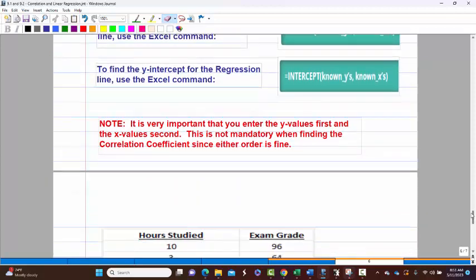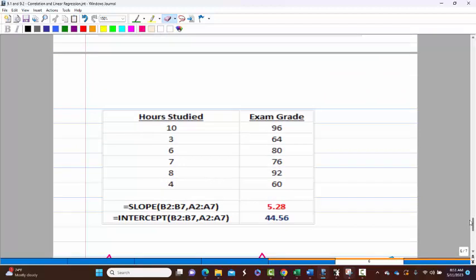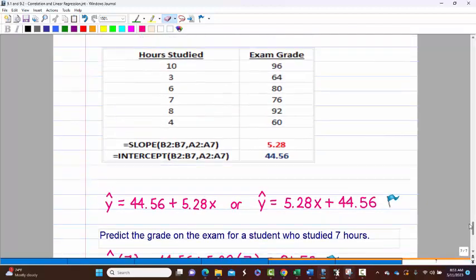Okay. For correlation coefficient, that does not matter. And we'll see this with other ones coming up here. So I won't retype this one right now since I'll be doing fresh ones shortly. But I put in slope, and then that starts 96 would be in B2, B2 to B7, comma A2 to A7. Same as the correlation, except the B's have to go first.